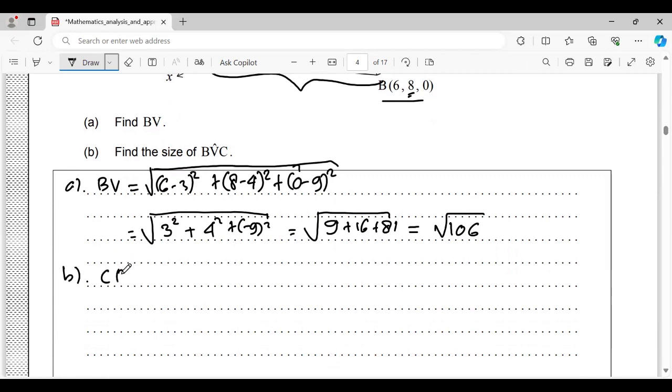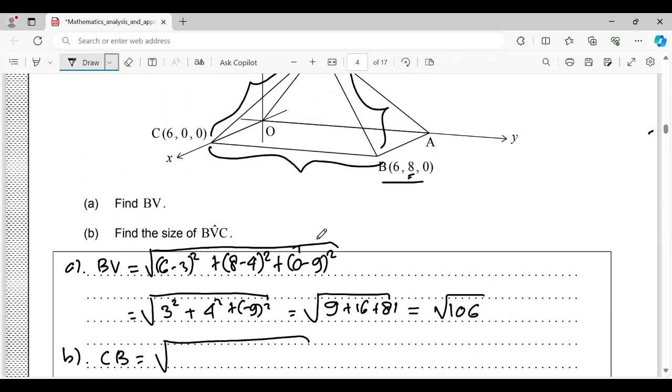The first, CB. CB is the square root of (6 minus 6) squared plus (8 minus 0) squared plus (0 minus 0) squared.